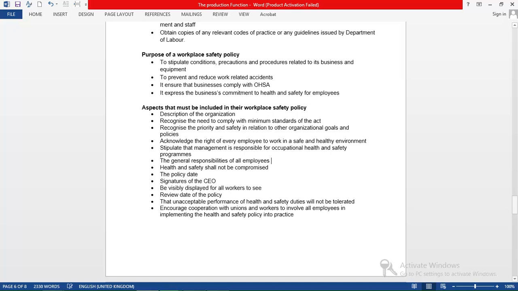And it also acknowledges the right of every employee to work in a safe and healthy environment, right? These are the aspects that should be included there. Just look at them, know a few that you can understand, and it's enough.